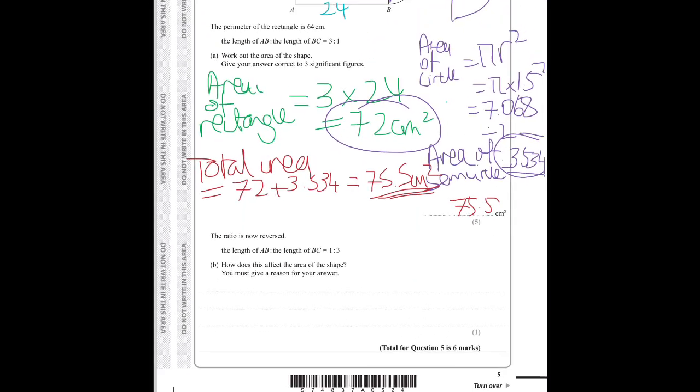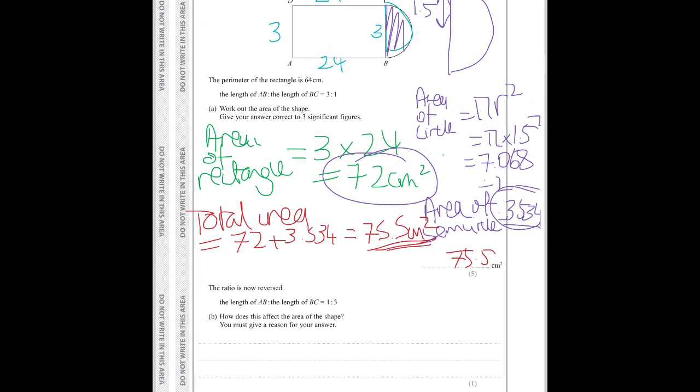Moving on, part B. The ratio is now reversed. How does this affect the area of the shape? Well, imagine this. If we think of it as an image, it's kind of like rotating. So if we said 3, 1, 3, 1, the rectangle's on its side now, isn't it?